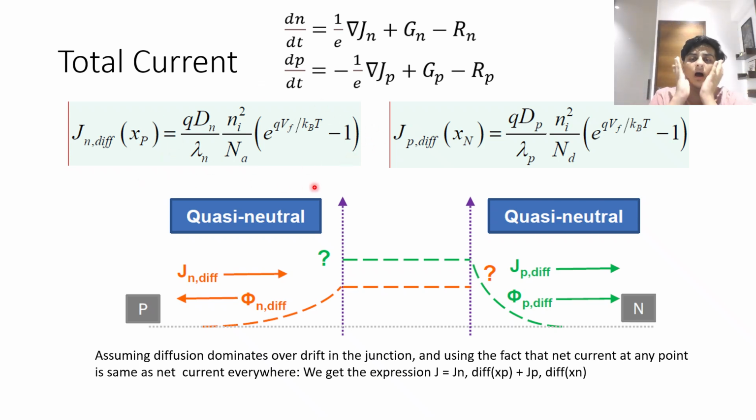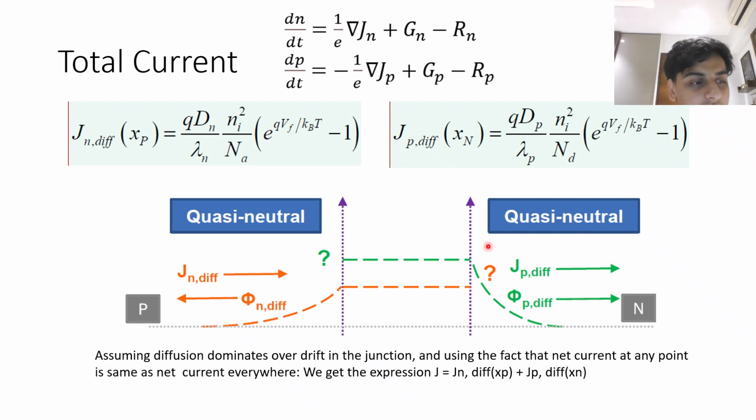So we have the diffusion current of electrons here, and the diffusion current of holes here. How can we possibly use these two quantities to get the net current that's flowing? Because to add up currents, you need them to be at the same position. You need to consider diffusion current as well as drift current to get the net current.